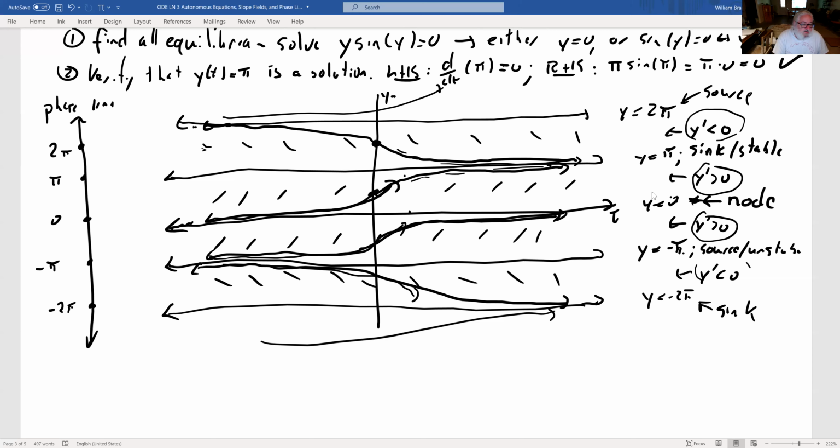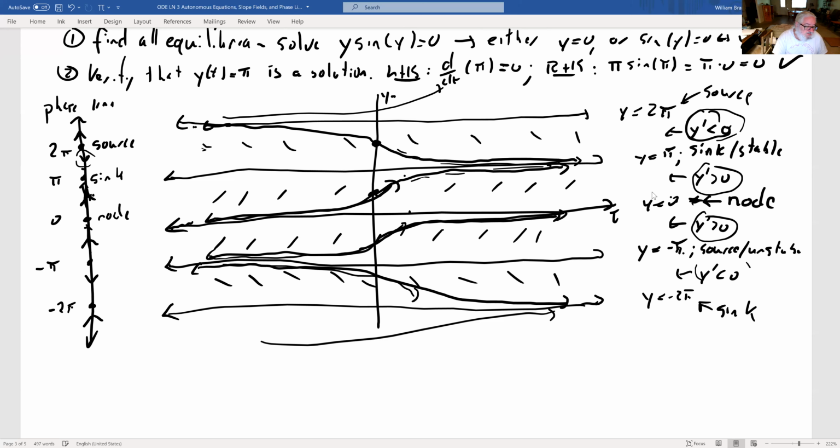In between here, these are positive there, positive here, negative there, positive there. And that's the sign of the derivative. y prime is negative, y prime is negative. So what does that tell us about this? Everything is running away from this, so this is a source. Everything is running into this one, so this is a sink. On one side, we're running away. On the other side, we're running to. That makes this a node.